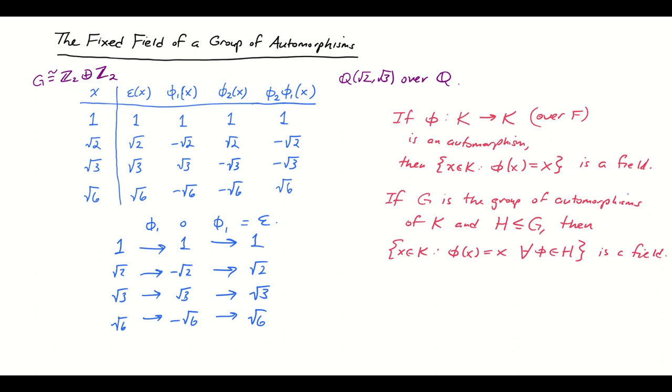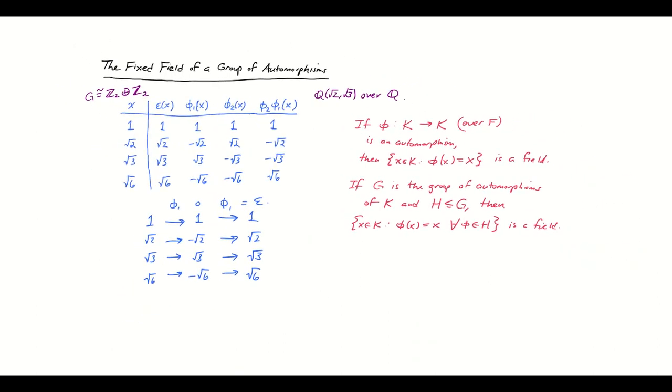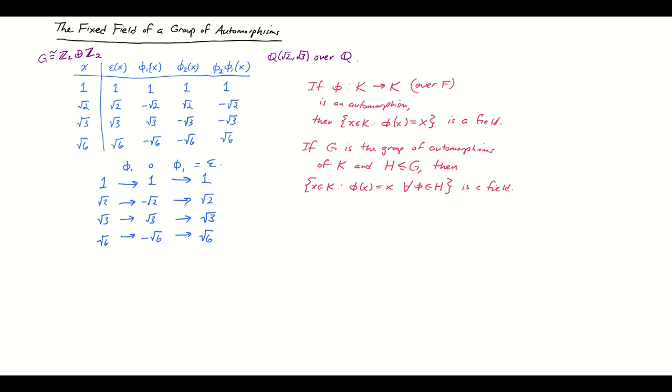One nice thing about knowing that is that we know what the subgroups of Z2 plus Z2 are. If we think of Z2 plus Z2 as the set of ordered pairs of elements of Z mod 2, that's (0,0), (1,0), (0,1), and (1,1).